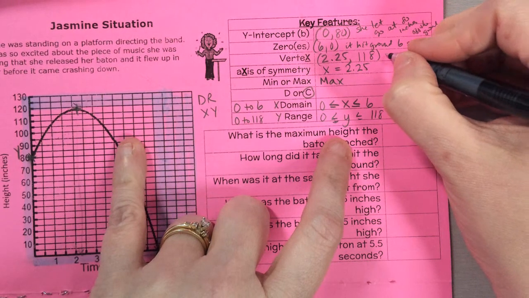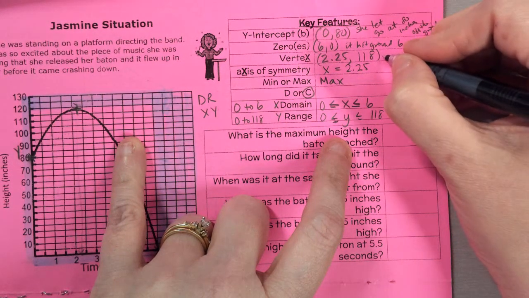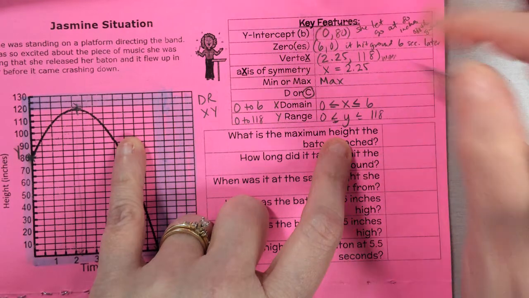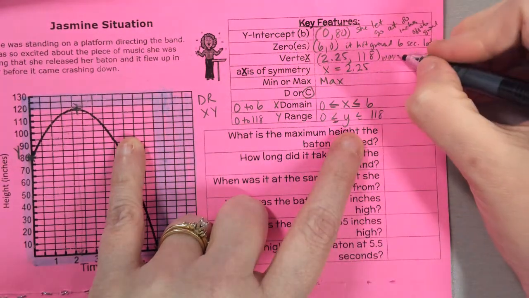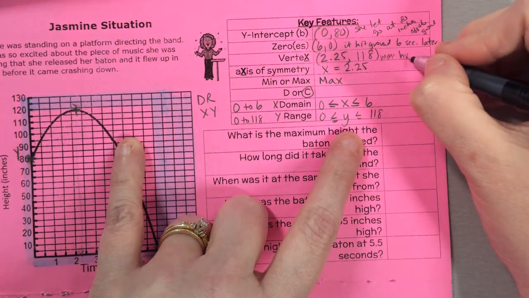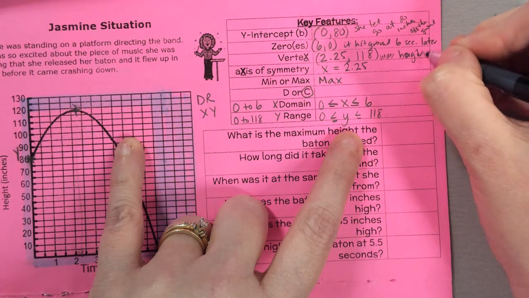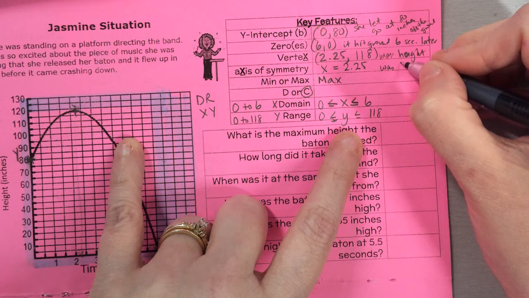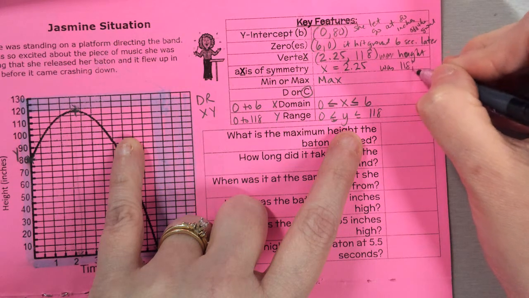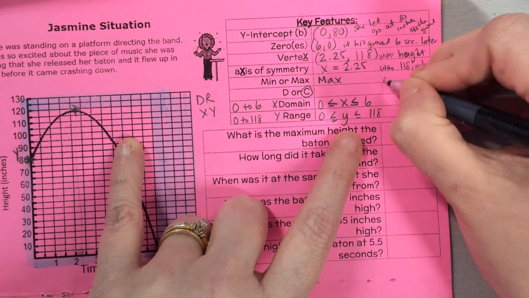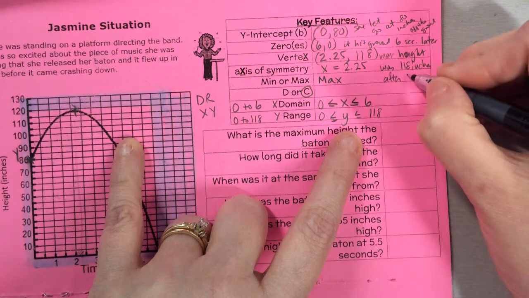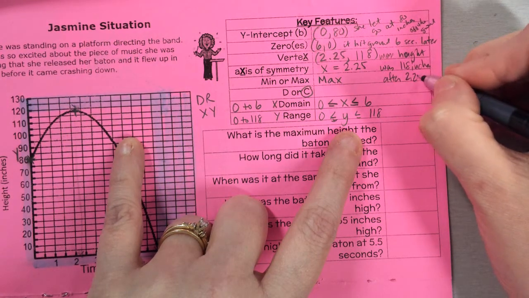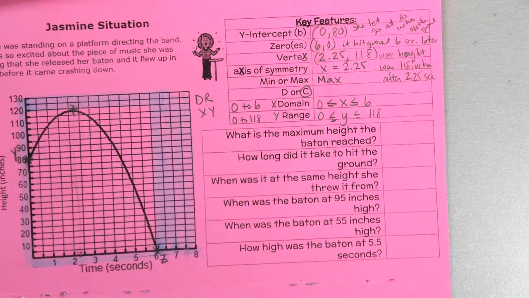So I'm going to right here say the max, because the axis of symmetry we don't describe. The maximum height was 118 inches after 2.25 seconds.